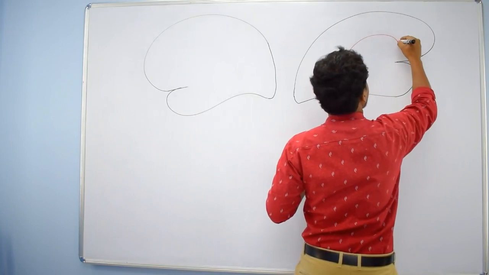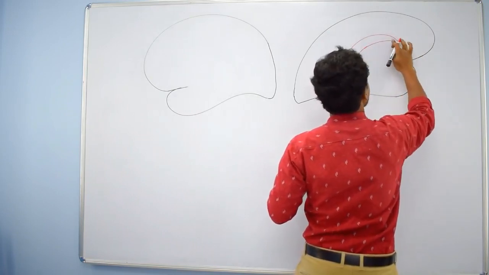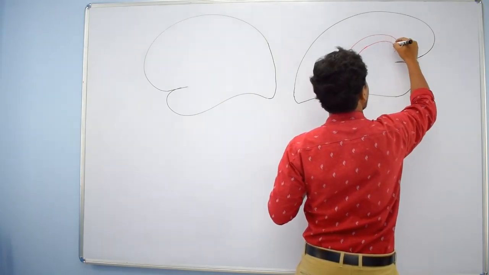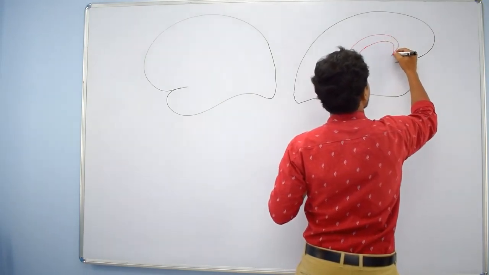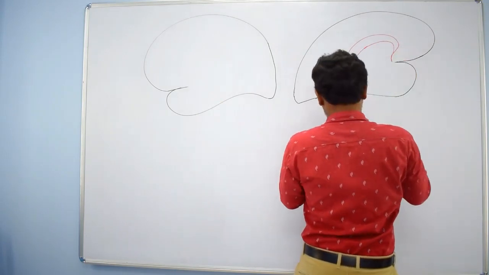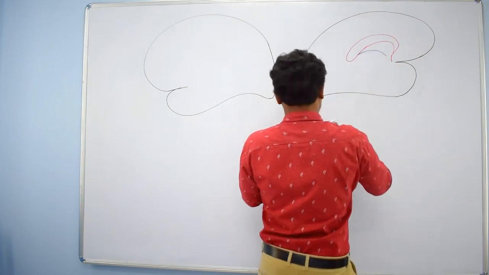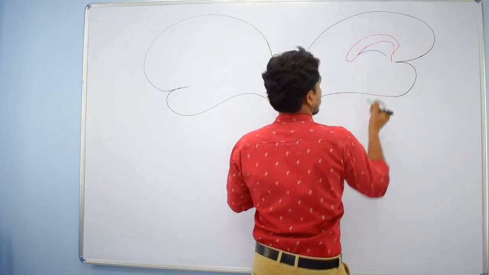Of course, the corpus callosum has different parts that you know: rostrum, genu, body, splenium, and here lamina terminalis, here fornix, then thalamus.